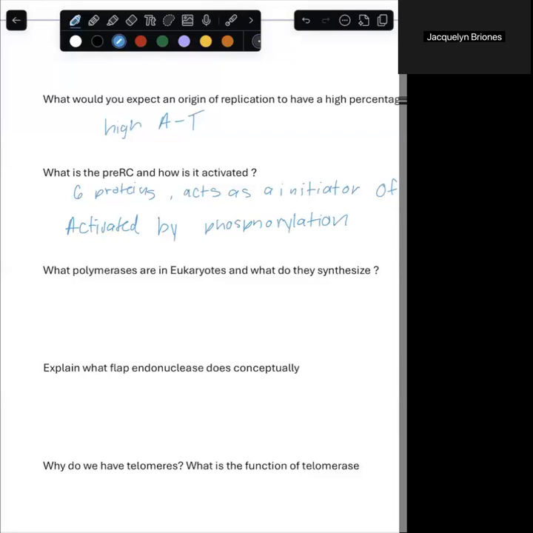Okay. What polymerases are in eukaryotes and what do they synthesize?